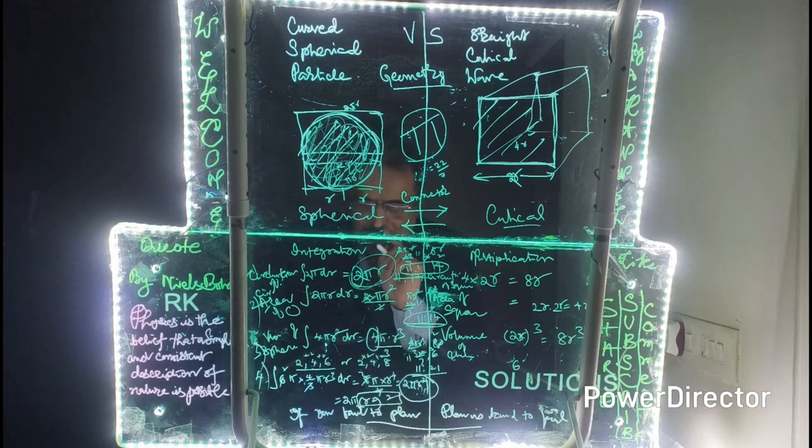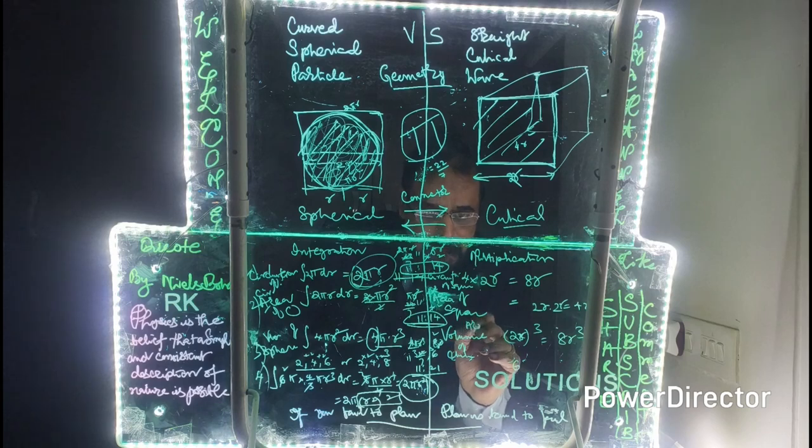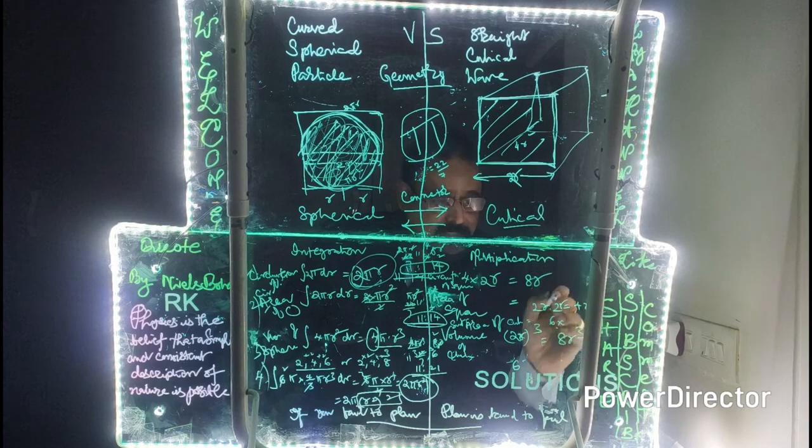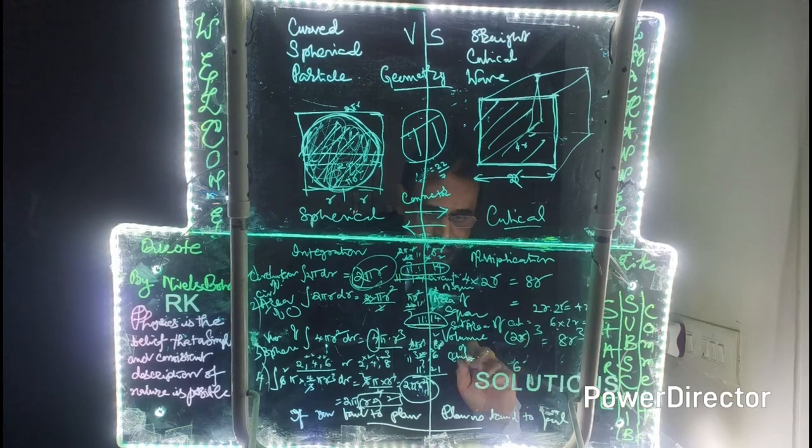We missed one thing here, the area of the square. The surface area of a cube is 6 times the side squared. Side is 2r, so 24r squared. That was what we missed. Anyway, that's fine.